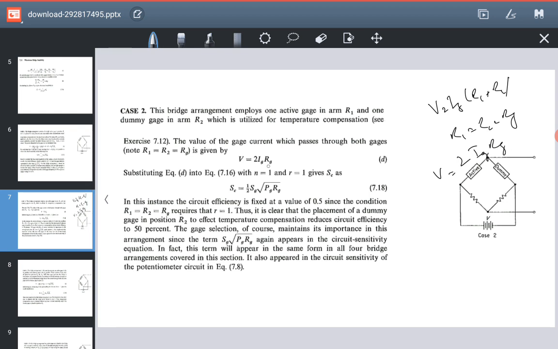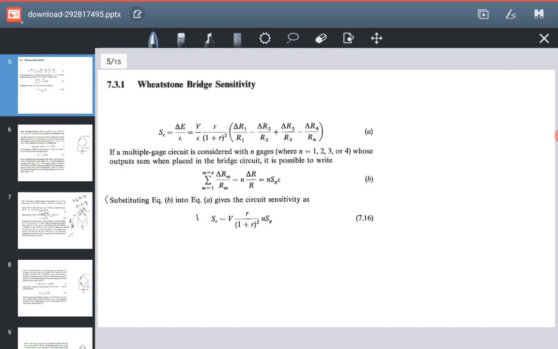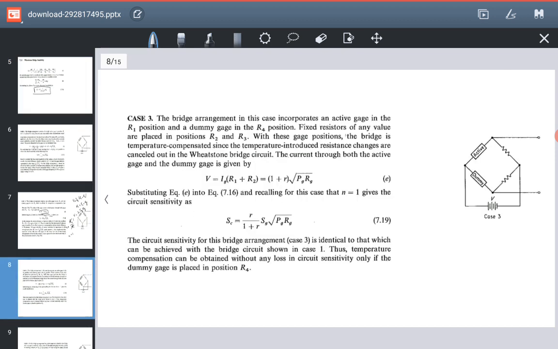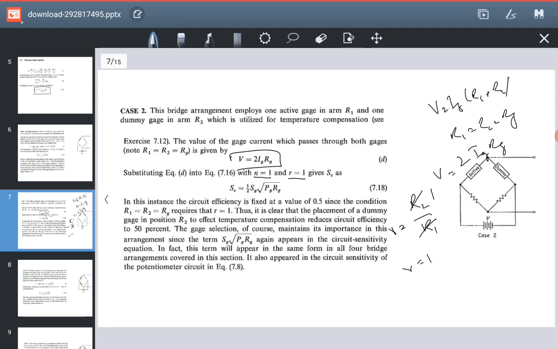Substituting n equals 1 and R equals 1, because R2 and R1 are the same, so R will be 1. Substituting n equals 1, R equals 1, and the value of V in equation 7.6, which is 7.16, I get this. So this is the sensitivity of the Wheatstone bridge if one arm is replaced by the active strain gauge and the other is replaced by the dummy resistance.